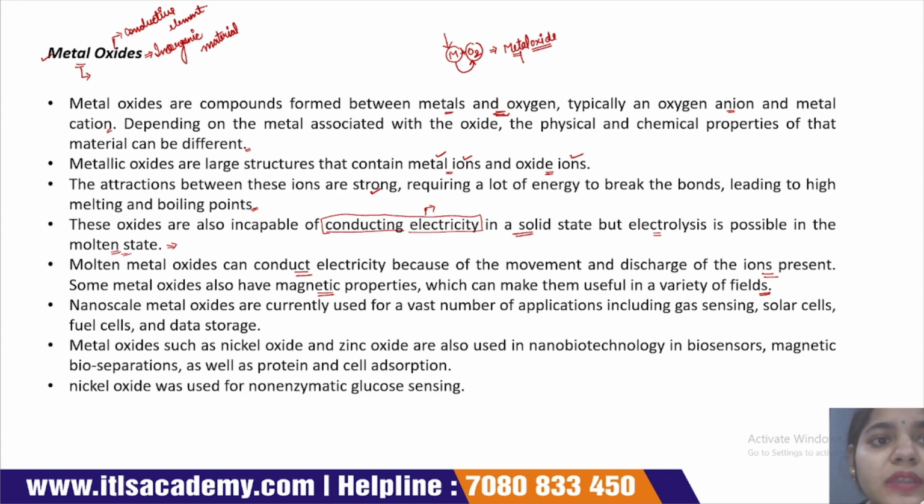Second most important property is magnetic property. Some metal oxides contain the magnetic property. That's why metal oxides play a most important role in different sectors.